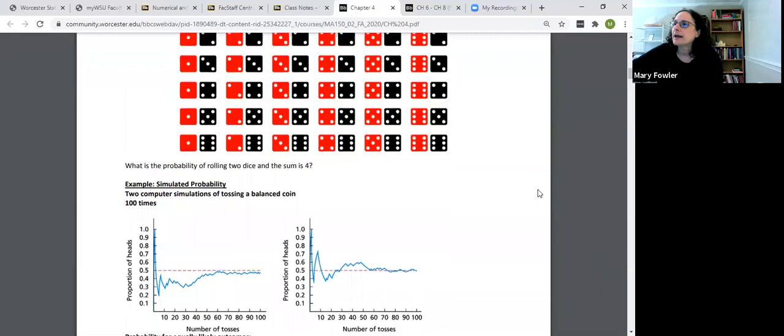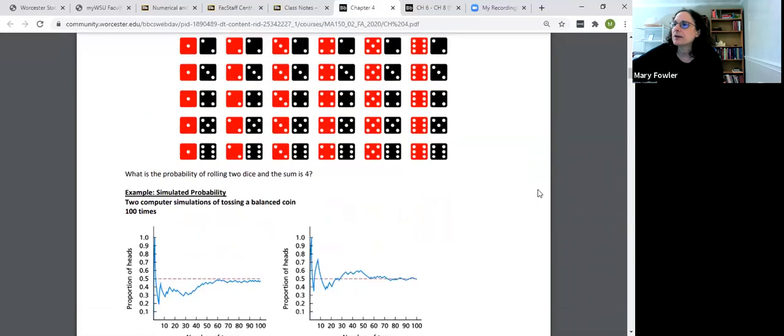All right, and this is just a picture of a simulation. 2 computers simulate the tossing of a balanced coin. You can go in and ask Excel to give you either a 0 or a 1, and the 0 might be associated with the tail, and the 1 with the head, so that the proportion of heads is going to be the number of 1s in the data set.